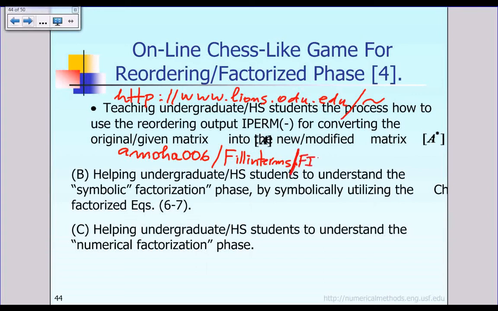Fill in term, everything in capital. Fill in terms, plural, and then dot HTML.